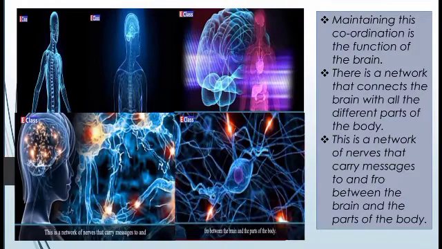If I ask you one question, think for a second and then reply. Where is the brain present? You may put your hand on your head, maybe on your forehead, or you may say that it is present inside the skull, but its exact position is at the backside, at your neck. That means the brain is present there, near your cervical cord.